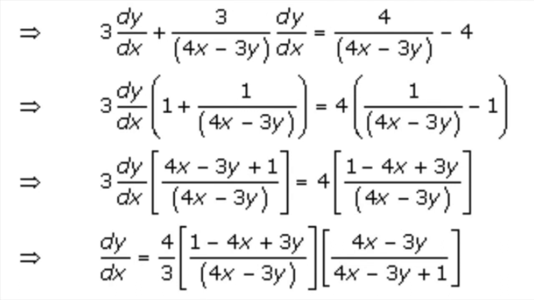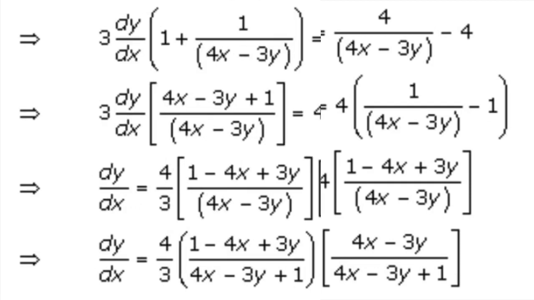Now we'll keep the dy upon dx term on the left hand side and the remaining terms we will transfer to the right hand side. So we'll get dy upon dx equal to 4 upon 3 into 1 minus 4x plus 3y upon 4x minus 3y into 4x minus 3y upon 4x minus 3y plus 1.